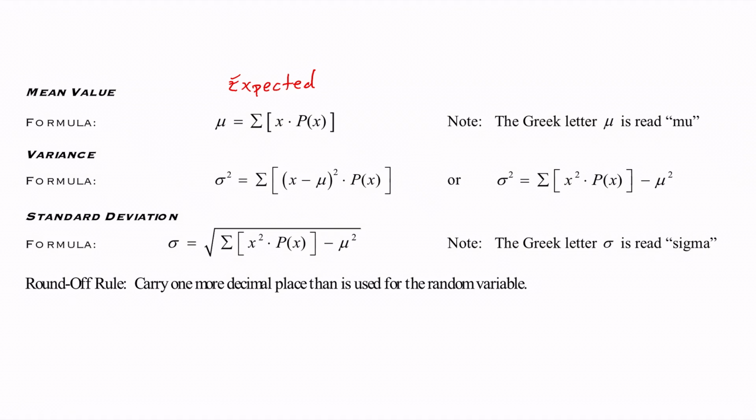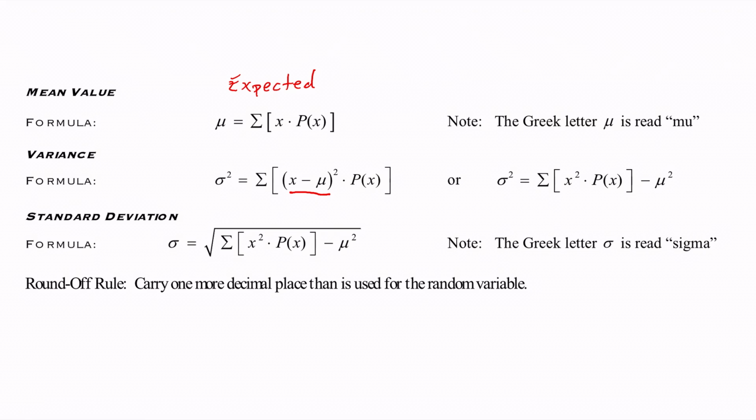The variance is computed by taking each of the x values from the mean, squaring that distance, and multiplying it by that particular probability. So it's kind of like a weighted sum, each of the distances from the mean squared times the probabilities.